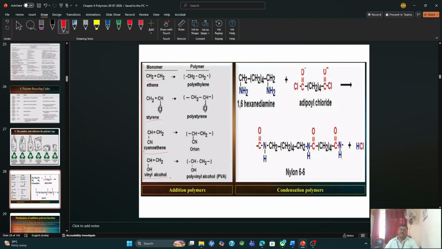On the other hand, for condensation polymers, as we discussed already, two or more monomers will react. The monomer should have functional groups. For example, you see 1,6 hexane diamine. Here the amine is the functional group. There are two amines.